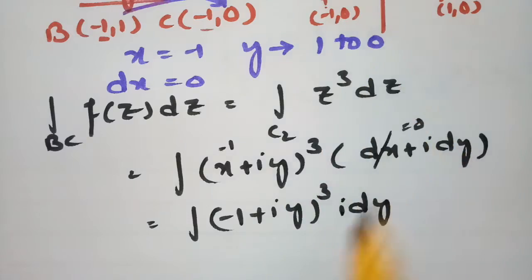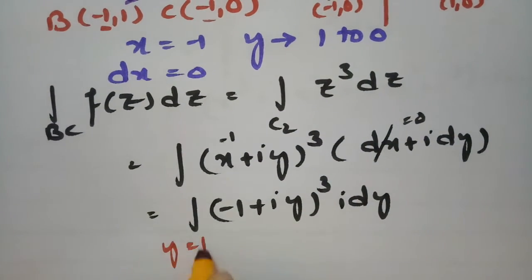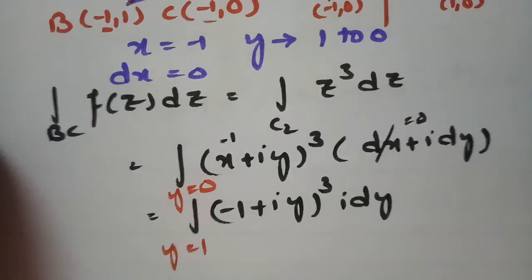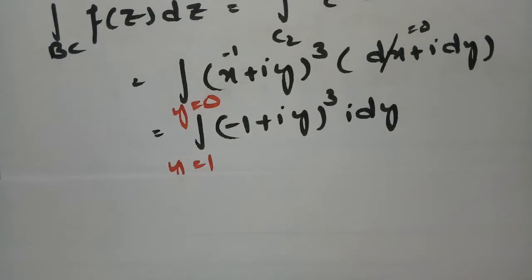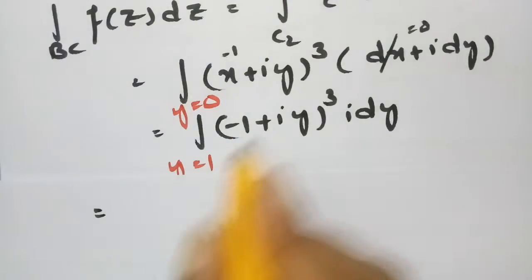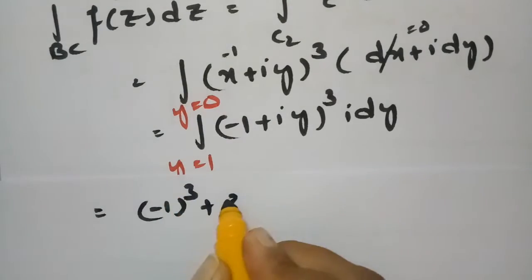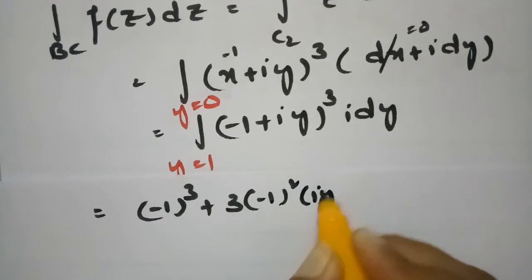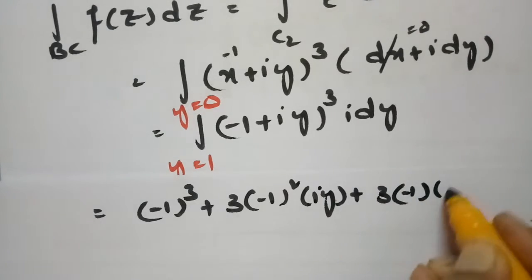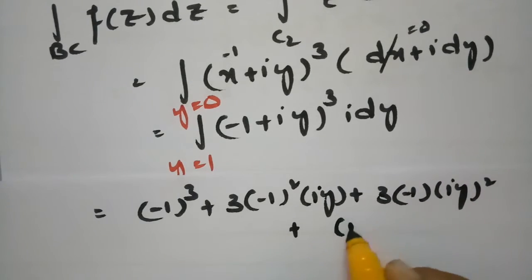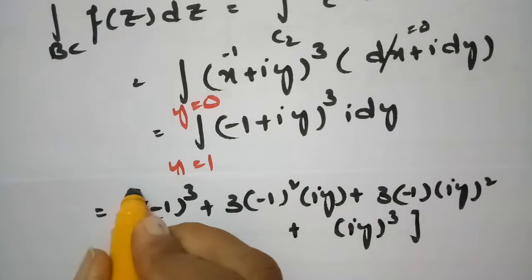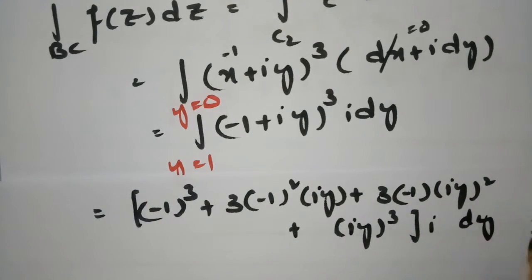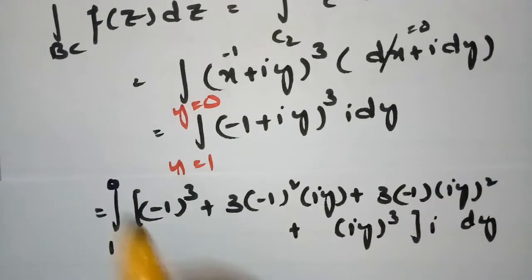between the limits, see here, y limits are from y is equal to 1 to y is equal to 0. So if I calculate with respect to y, this is a cube, plus -3 times a square into b, plus 3a into b square, minus (iy) whole cube, into i of dy between the limits 1 to 0.